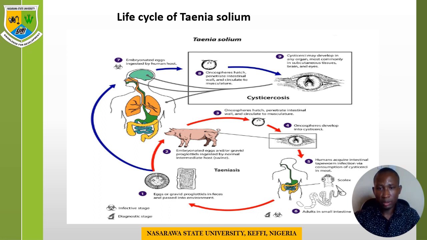We can see the formation of damage, growth on the tissue. So this is how the tapeworm affects the human, and it illustrates how this organism lives, and then the effect or damage on the host. So this is the life cycle of tapeworm.